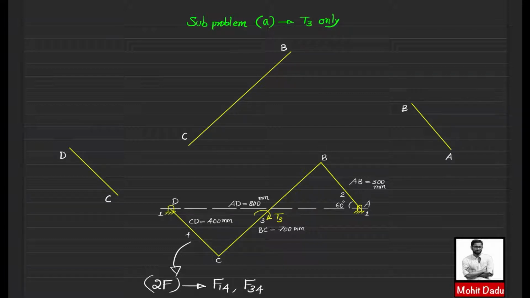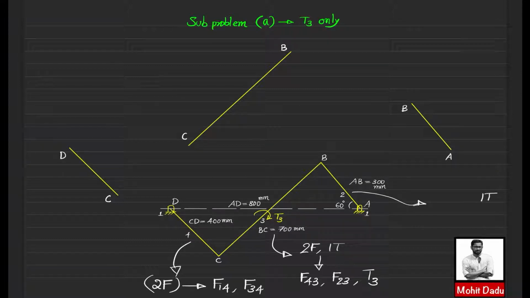Link number 3 will be a 2-force and 1-torque member because an external torque T3 is acting on that link. Those 2 forces are F43, the force exerted by 4 on 3, and F23, the force exerted by 2 on 3, along with the external torque T3. Now we have to evaluate the torque to be applied on link 2. This will be a 1-torque member with no external forces.